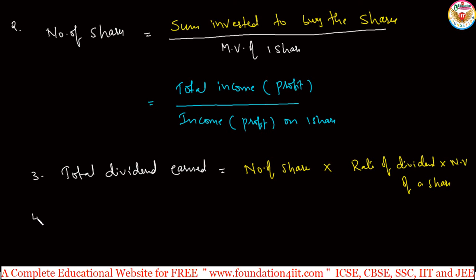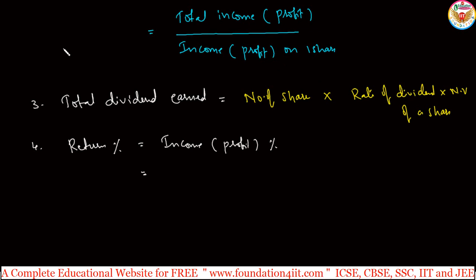And next one, the returns. If they ask to find the return percentage, that is nothing but the income or profit percentage, how much percentage profit you get from these shares. Then we can apply income divided by investment into 100, that will come as the percentage.